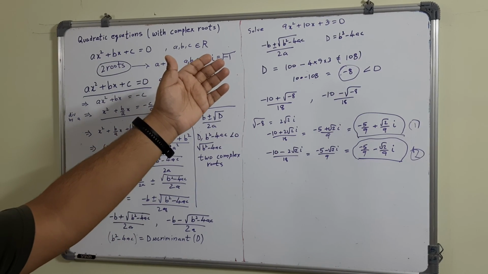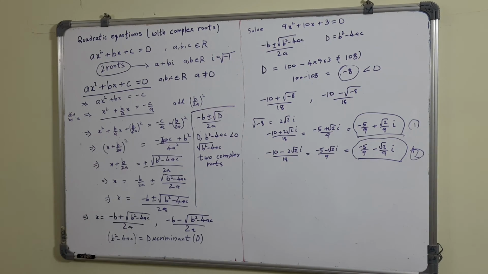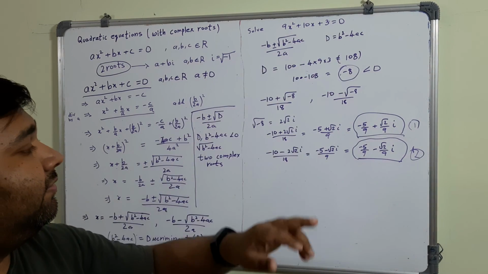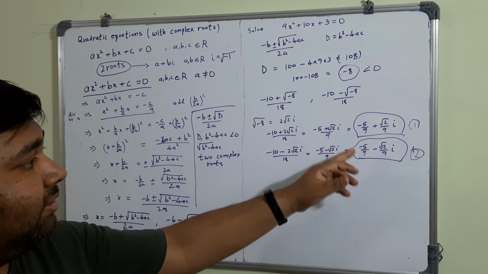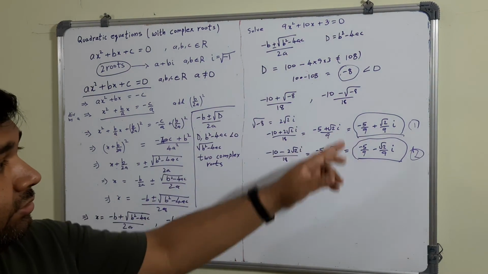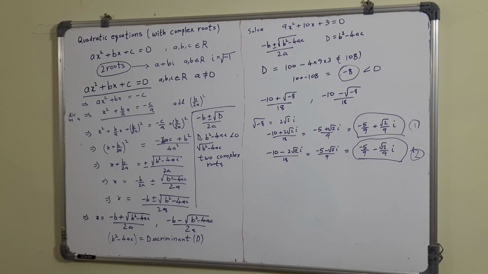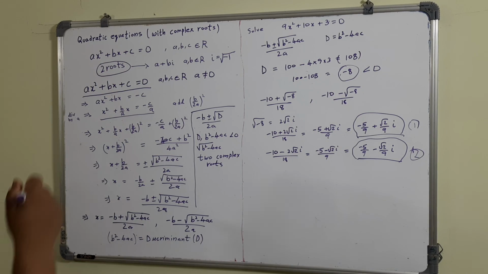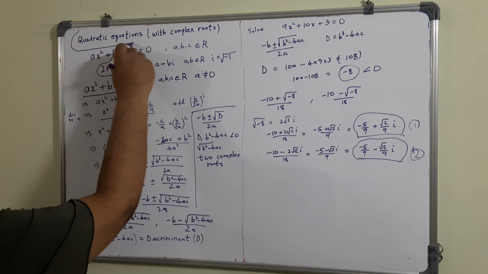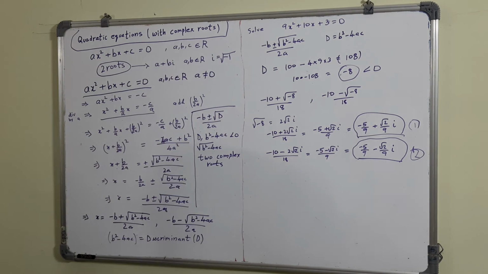We took an example of a quadratic equation, this one, and we found its roots, which are two complex numbers. So this was the quadratic equations with complex roots. This is done.